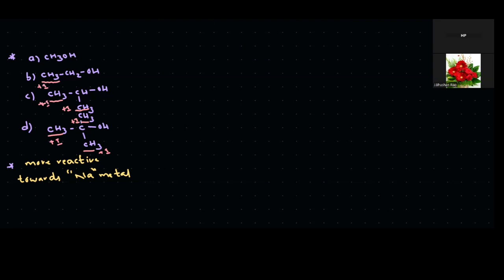Compared to all cases, D has more releasing groups. If releasing groups increase, stability decreases, and at the same time acidic strength also decreases. Which one reacts more effectively with sodium metal? A is more than B, B is more than C, C is more than D.